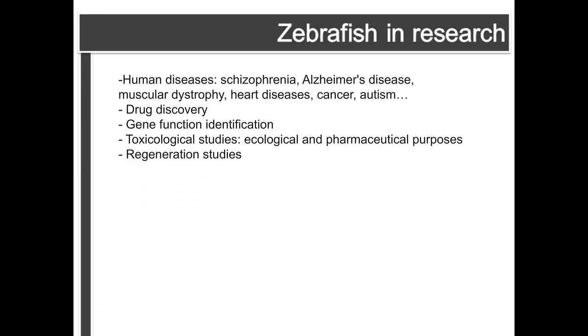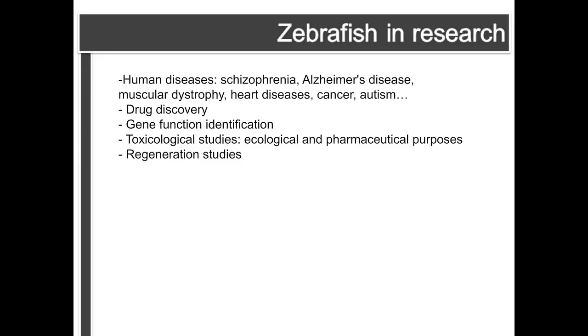Zebrafish is used as an animal model in human diseases. Of course, it's not a well-established animal model in all these diseases; we are just refining it. It is also used in drug discovery, in gene function identification, for toxicological studies, especially from an ecological perspective but also for pharmaceutical purposes, and in regeneration studies.